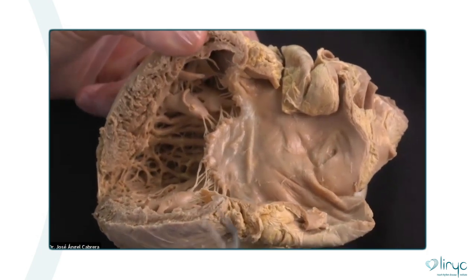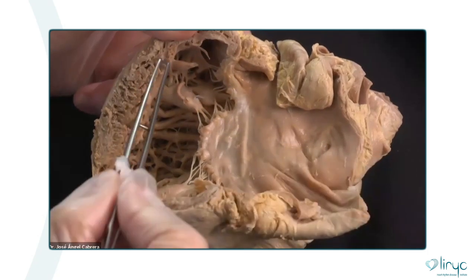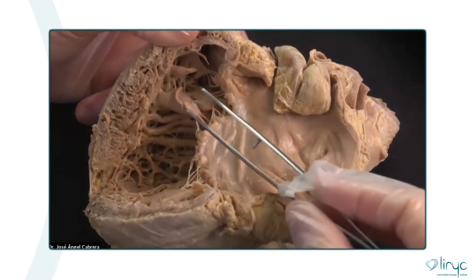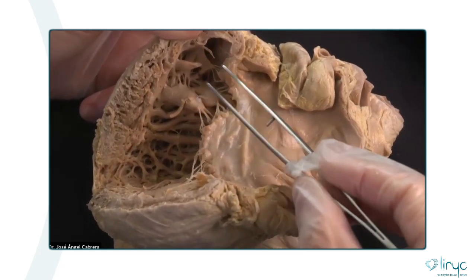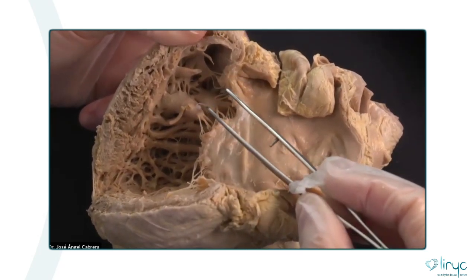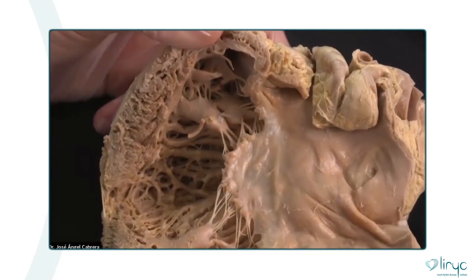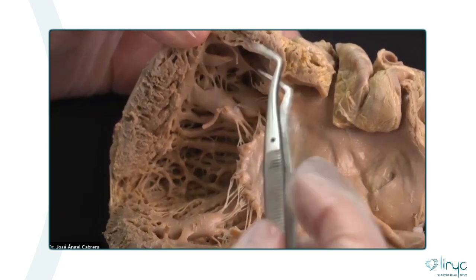And here you see papillary muscle, the thicker left ventricle, and note here the group of papillary muscle. Is this one papillary muscle, yes or not? No. Are these a group of papillary muscles? Yes.